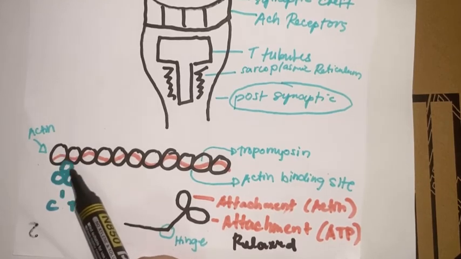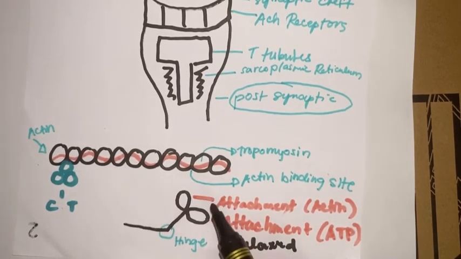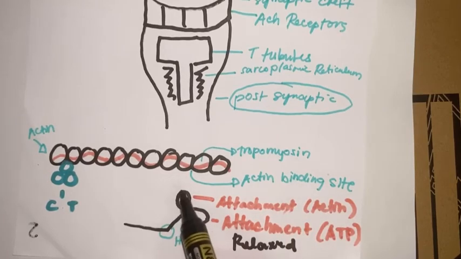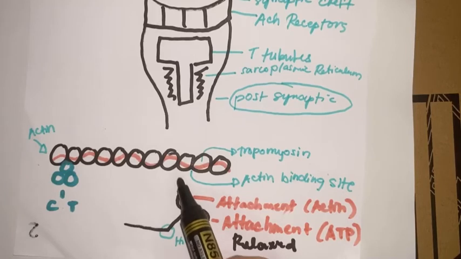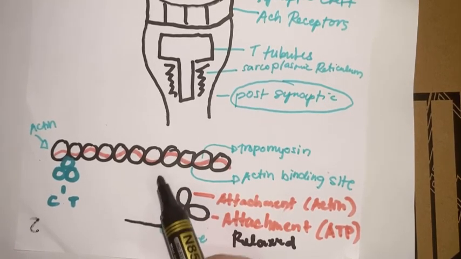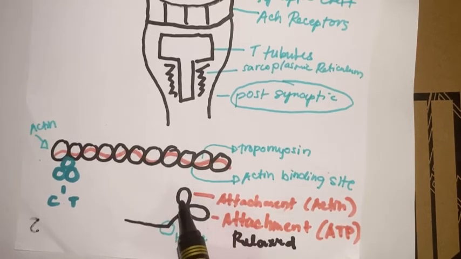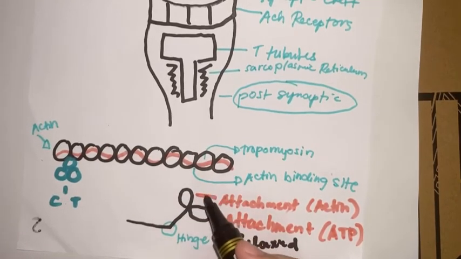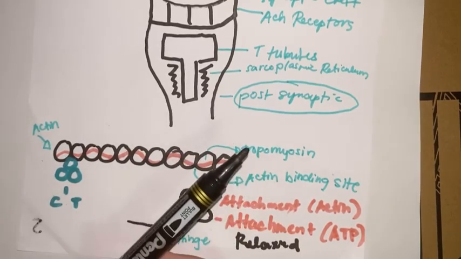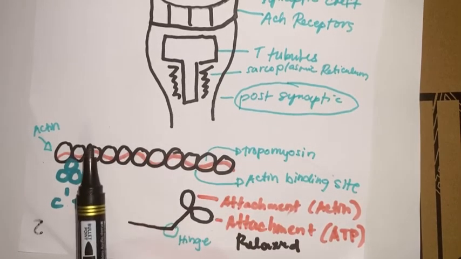Since na-uncover na tong binding sites, didikit na tong si actin attachment head doon sa binding sites. Once na nagdikit na siya sa actin binding site, power stroke would occur. Myosin tilts its head to pull the actin inward. So, ito, kumbaga ganyan, igaganon niya yung actin.